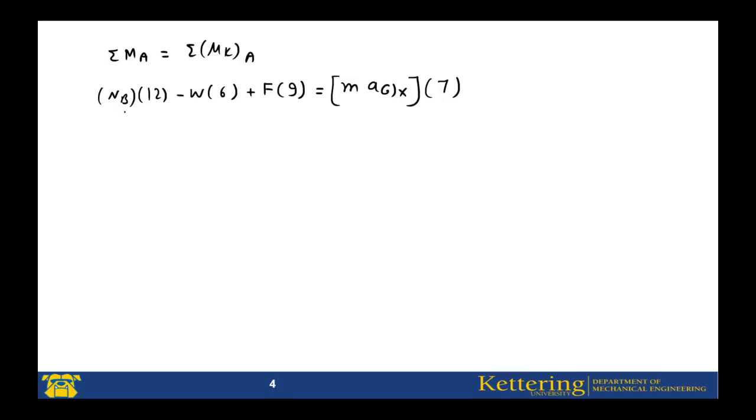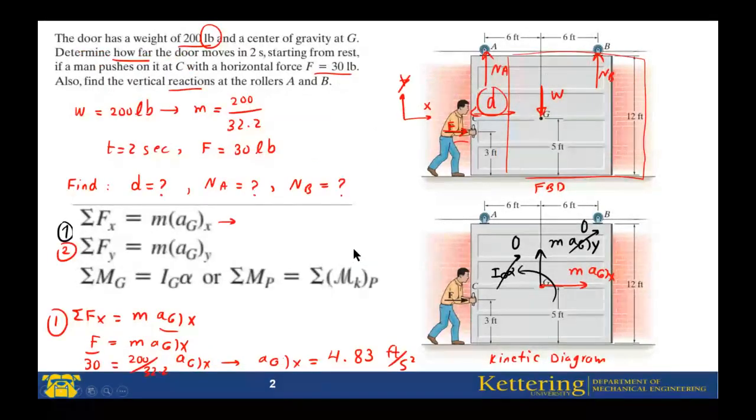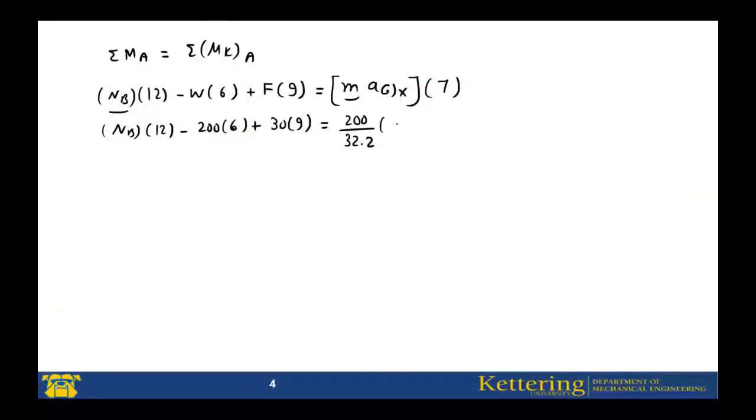What I have, I do not have normal force. But I have the weight, 200. Force also is given in the problem, 30. The mass is 200 divided by 32.2. The acceleration I found earlier, 4.83, multiplied by 7.